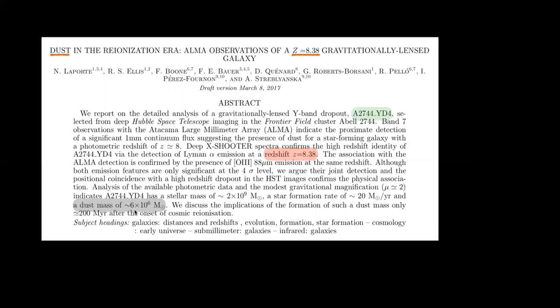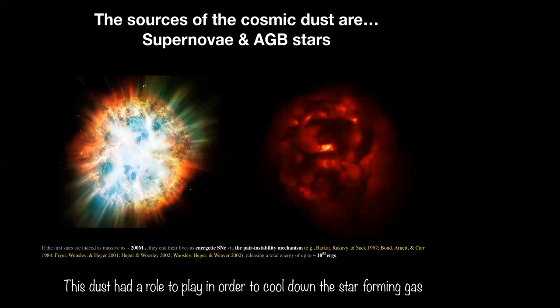The amount of dust can be as high as 10^6 solar masses, which is fairly high at that higher redshift environment. So where does this dust come from? Well, we expect that the first generation supernovae and the AGB stars can provide the dust, which eventually plays a significant role in the stellar masses that we come up with in the stellar population.